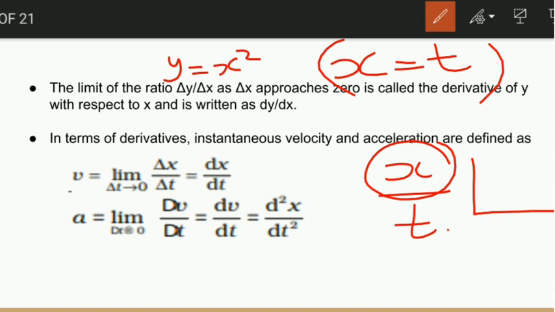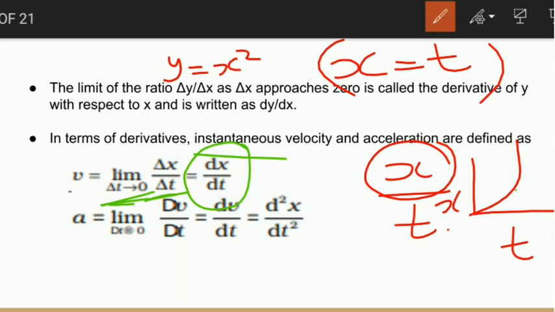So if we have x versus t, and we have a graph like this, and we need to find the slope, as we did earlier, we will find delta x by delta t, which we know won't be exact. So we limit delta t to 0, and that's how we get dx by dt, and that's the instantaneous velocity. Instantaneous velocity because at that instant of time, we find the velocity.